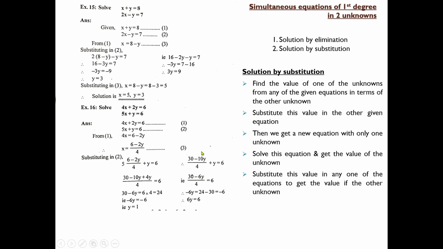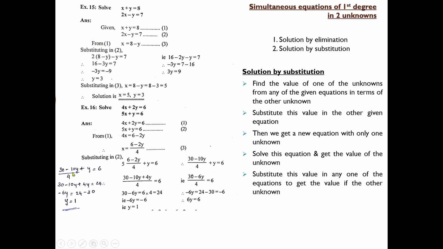I believe you all understand this step, that is 30 minus 10y by 4 plus y equal to 6, which can be easily solved by following this. Cross multiply all the numerators, you will get 30 minus 10y plus 4y equal to 24.